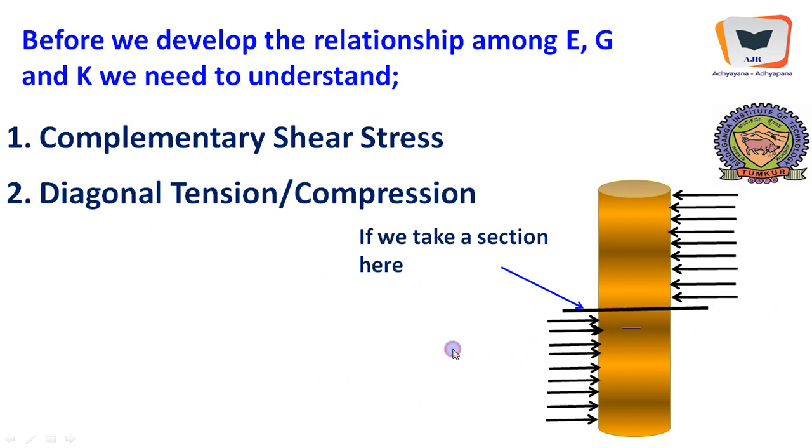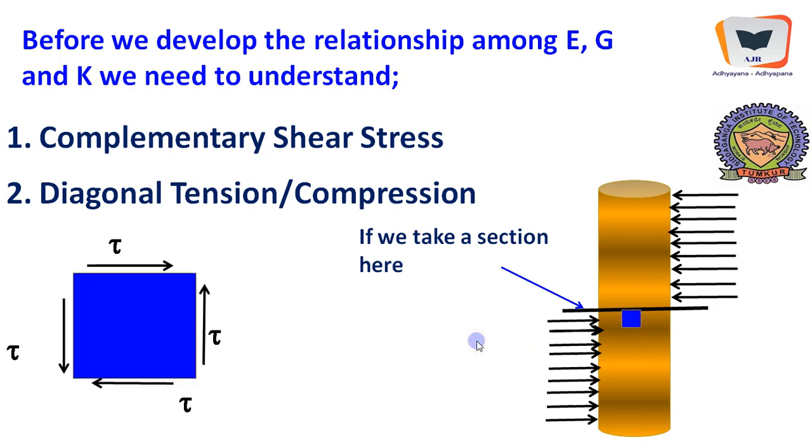If we take a section and verify how exactly a small element, an infinitesimally small cubical element, will suffer from stresses, and we blow it up in the form of a figure like this, immediately a shear stress will be developed on this particular surface. In order to account for the equilibrium of this element with regard to horizontal forces or horizontal stresses, immediately a shear stress will be developed on the opposite face.